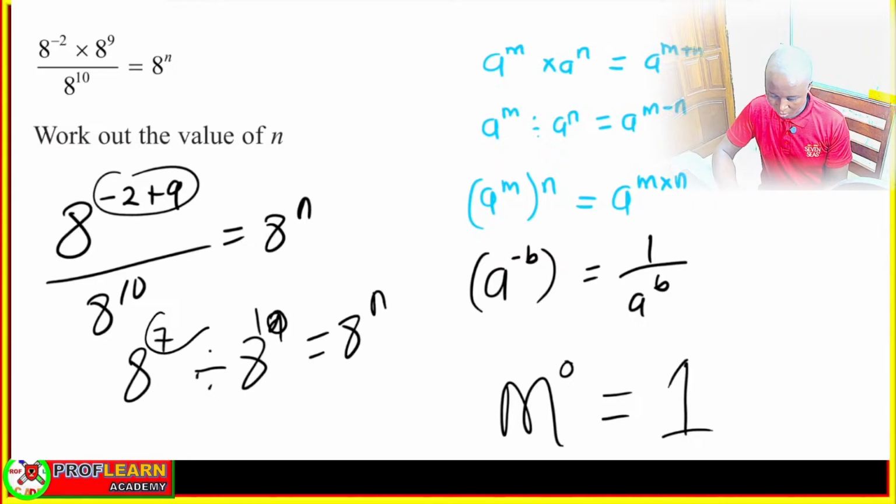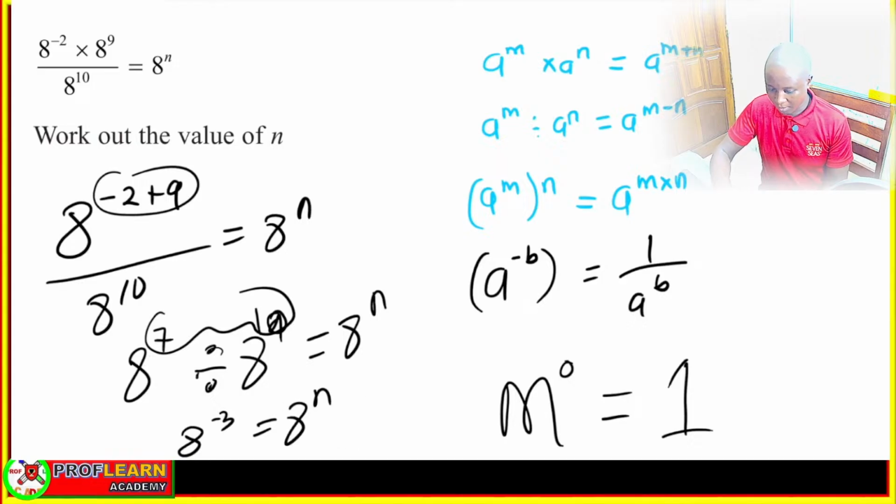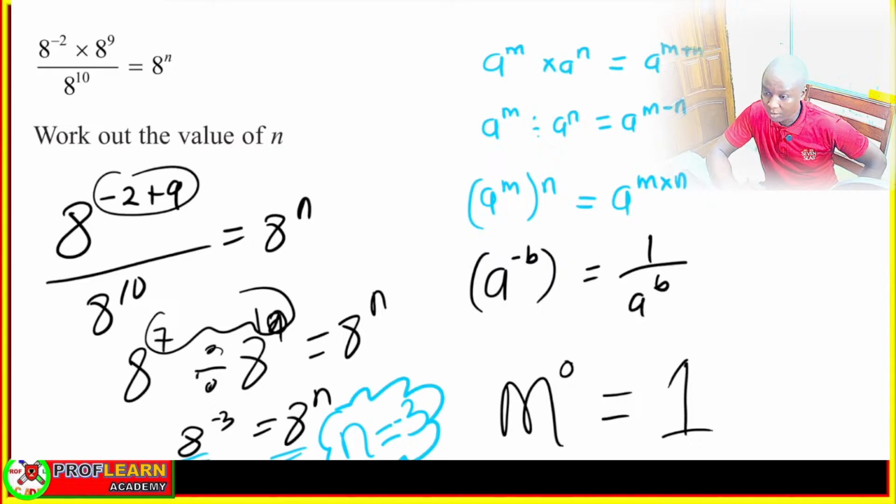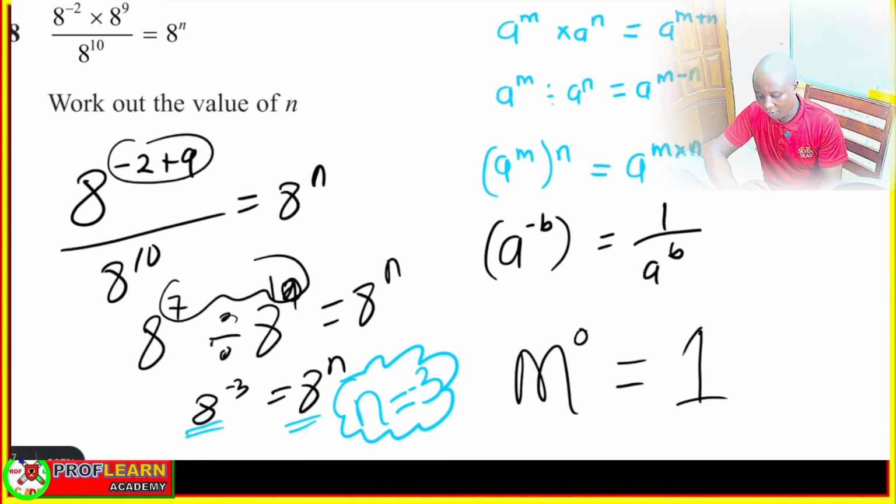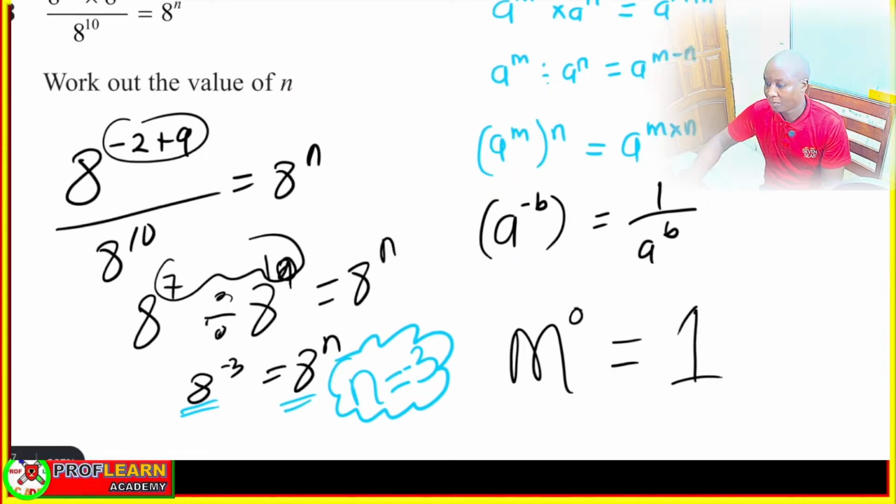Here you subtract the powers because of this division sign, and that's going to be 8 raised to power minus 3 is equal to 8 raised to power n. And since the bases are the same, the powers should be the same also, and our n therefore is going to be minus 3. And that becomes our final answer for this particular question.